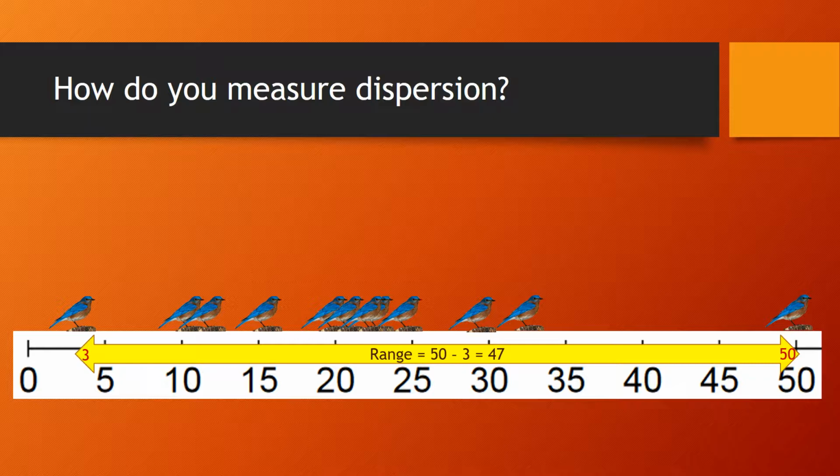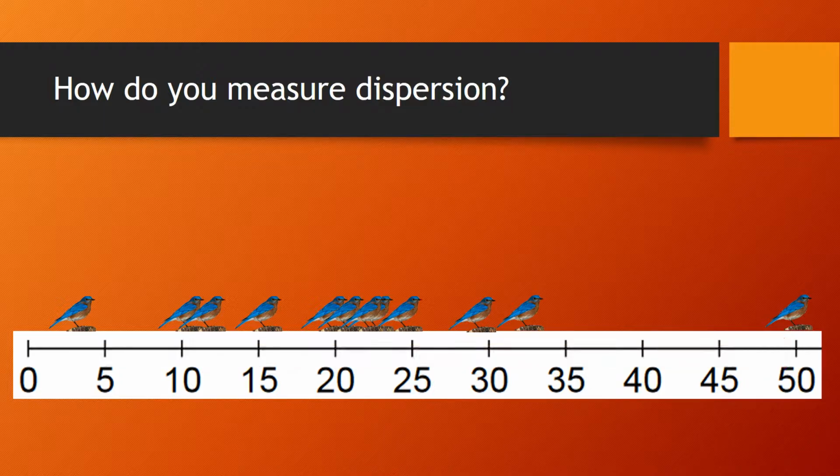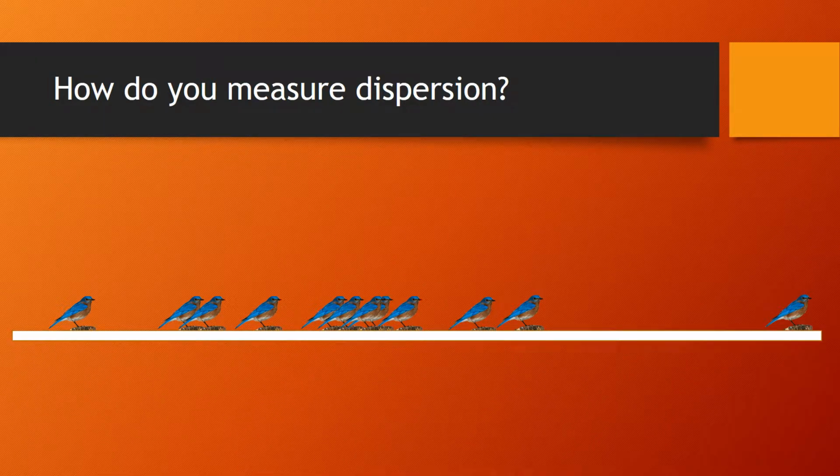So we'd like a better measure. The ones that we usually use are based on how far birds are away from the center of the action. And for the center of the action, usually we're talking about the mean. You can find the mean by imagining the birds are standing on a board like you see here, and then asking where we would have to put that board to make it into a teeter-totter that would stay level.